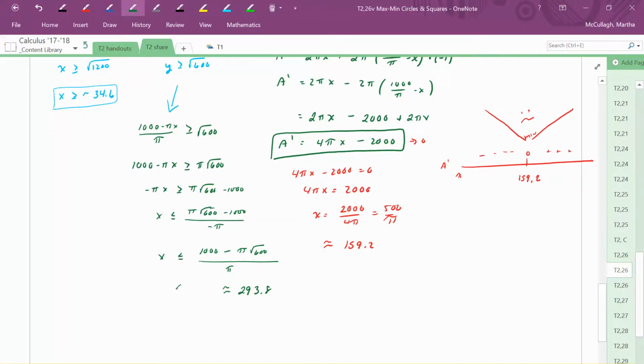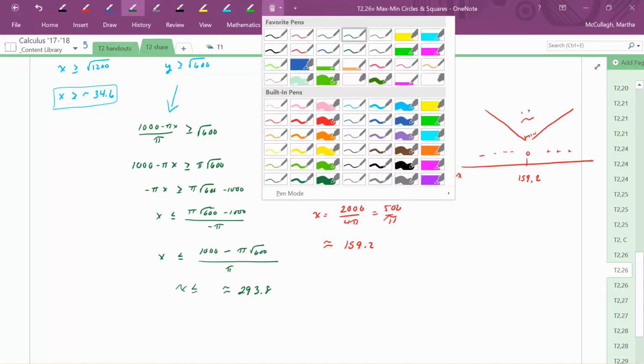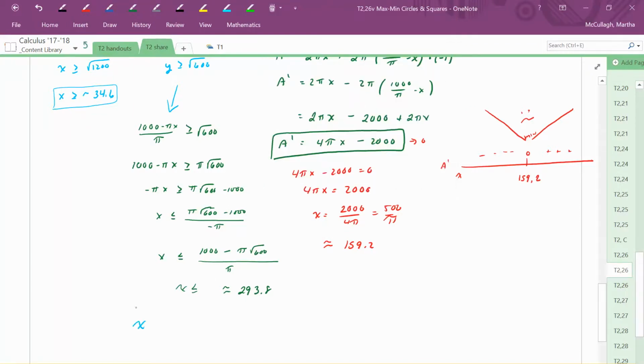And this is an x. So x, come back here and use this bright blue, x is bigger than 34.6 and less than 293.8. And both of those are less than or equal to, greater than or equal to.